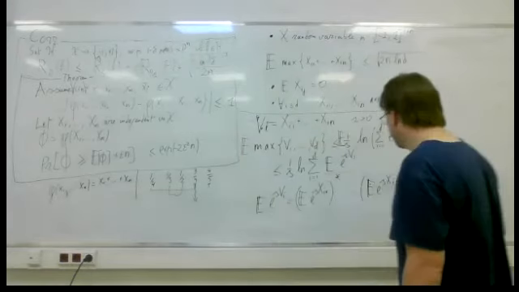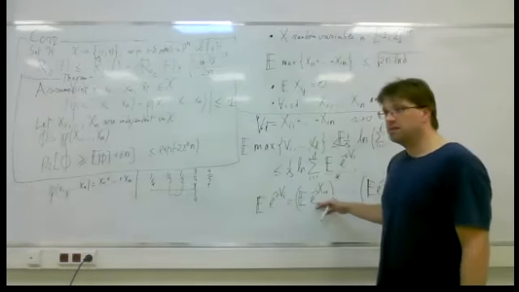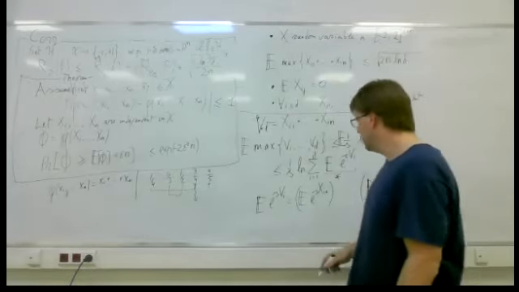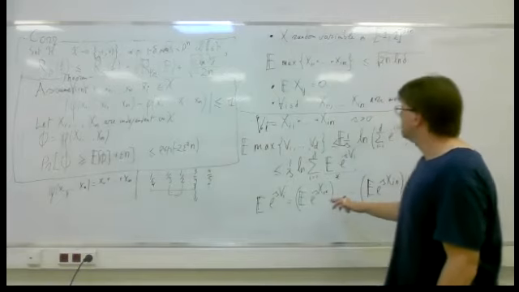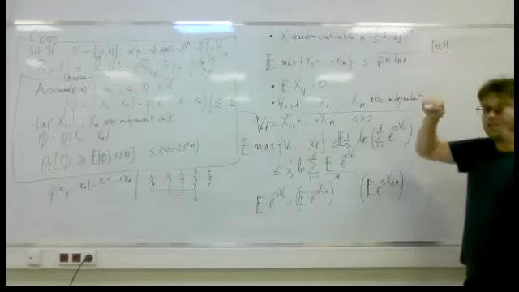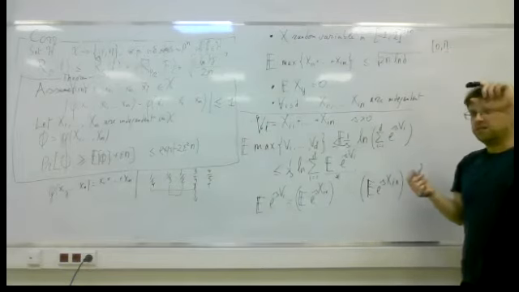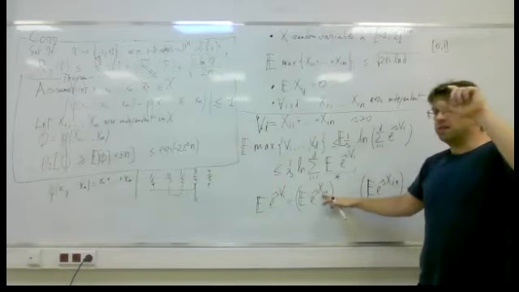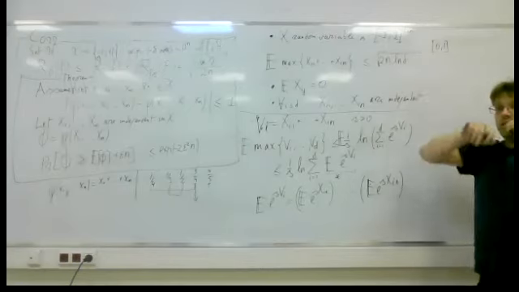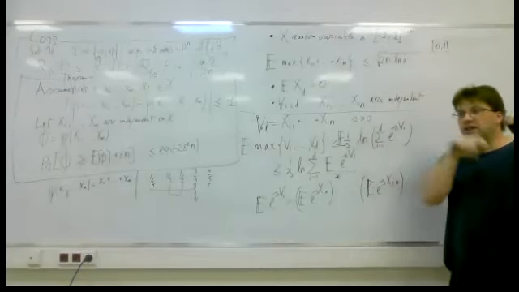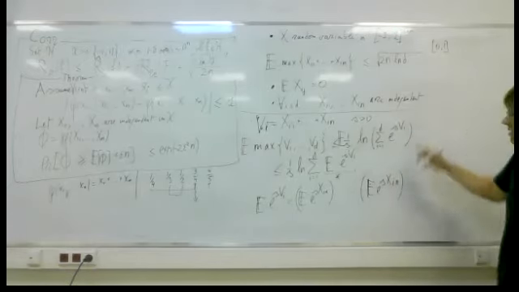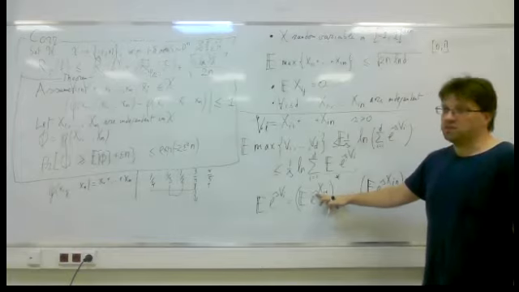We will use Hoeffding's lemma, Hoeffding's inequality, to bound the exponent of s times a variable. But the variable usually is in [0, 1], and then we have exponent of 1/8 of s squared. But now we have a wider interval. When the interval is of size b instead of size 1, we have to scale this s squared by 1 over b squared.